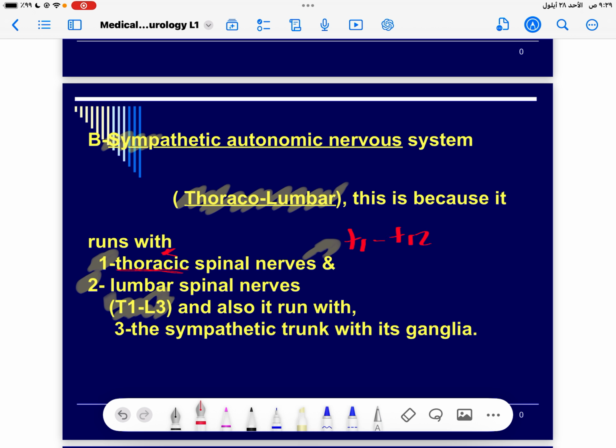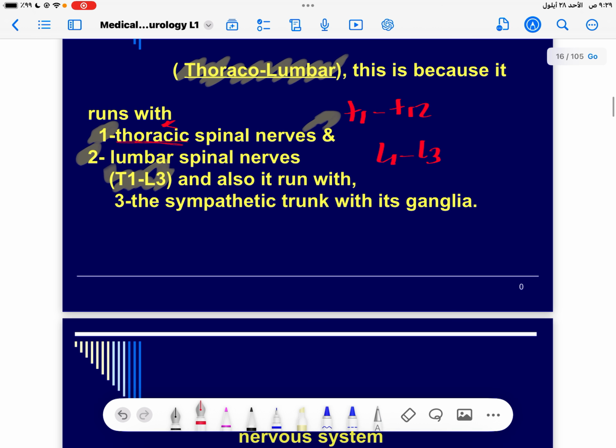That's why it's called thoracolumbar. Besides, we have the sympathetic trunk and sympathetic ganglia.